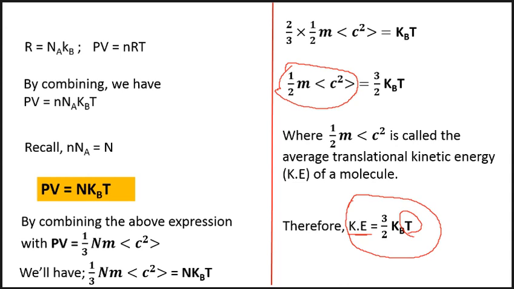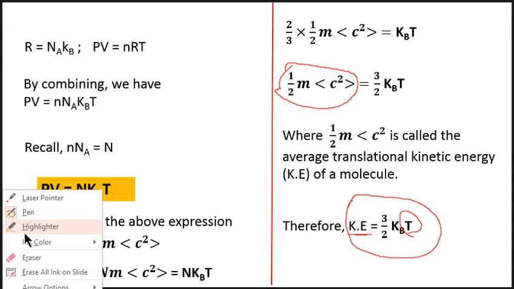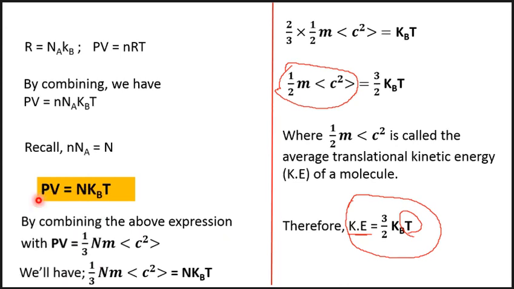Now at this point, let's quickly consider some questions. We'll be able to see everything we need to know as far as ideal gases are concerned. At this point, I want to look at questions based on what we have learned so far.